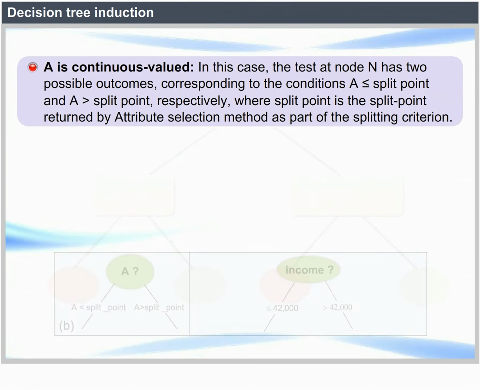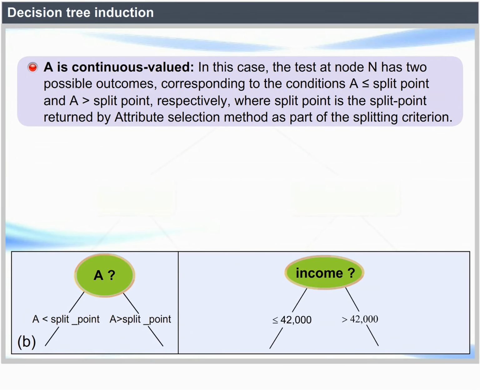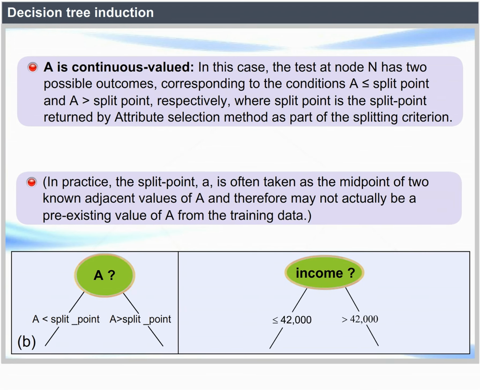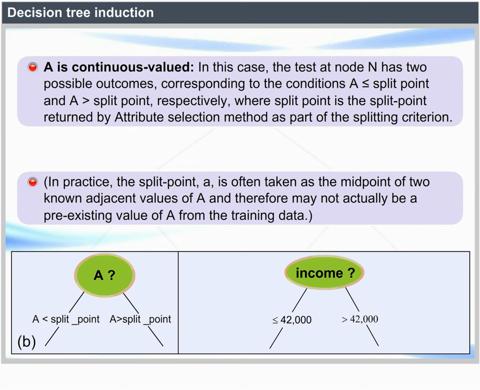A is continuous valued. In this case, the test at node n has 2 possible outcomes corresponding to the conditions A ≤ split point and A > split point, respectively, where the split point is returned by the attribute selection method as part of the splitting criterion. In practice, the split point is often taken as the midpoint of 2 known adjacent values of A and therefore may not actually be a pre-existing value of A from the training data.